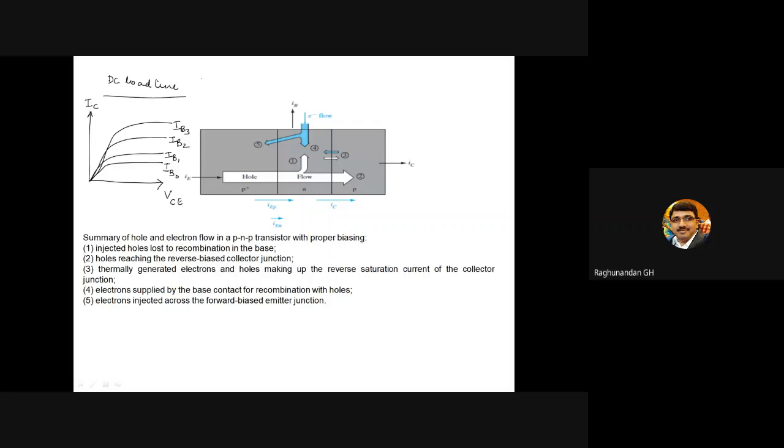Can anyone tell me what this DC load line is? You studied it in the basic electronics first module. This DC load line even comes up in diodes also.